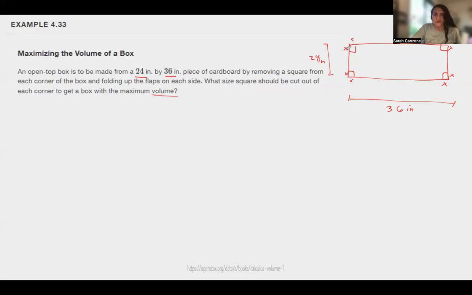So what this tells us, if we now cut out x from here and x from here, is the length and the width of this rectangle are no longer 24 and 36, right? Because if you take out two x's from each side, now this is 36 minus 2x, and this is 24 minus 2x.